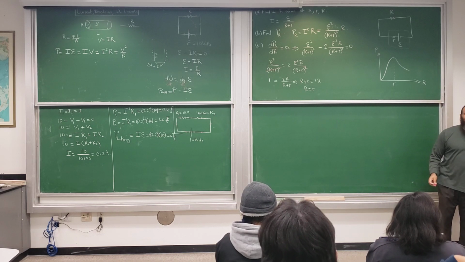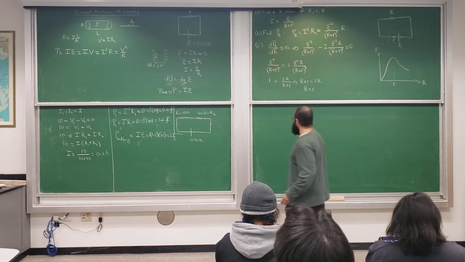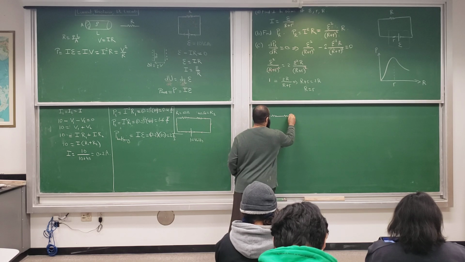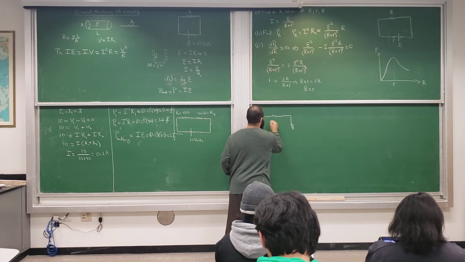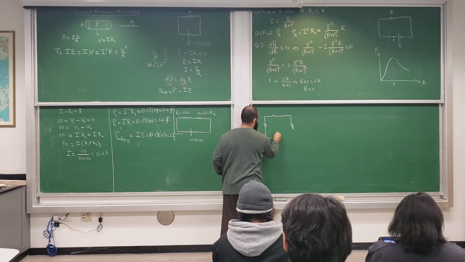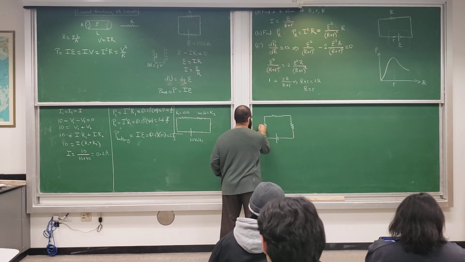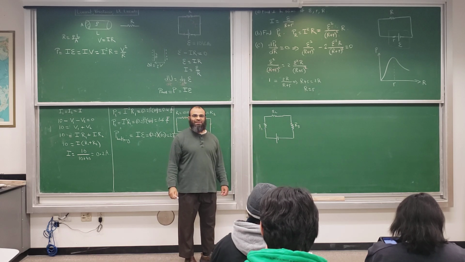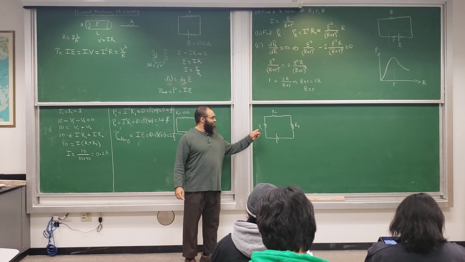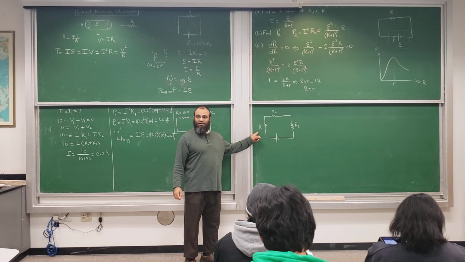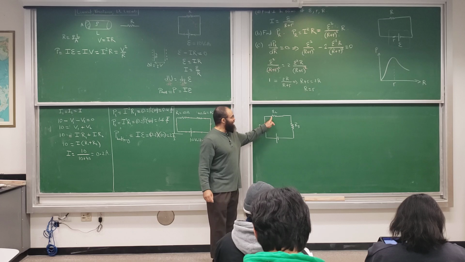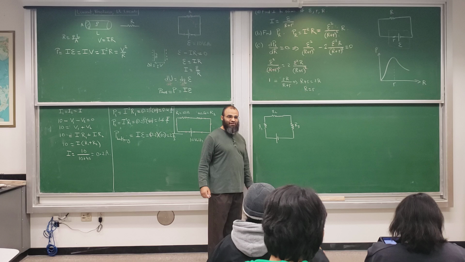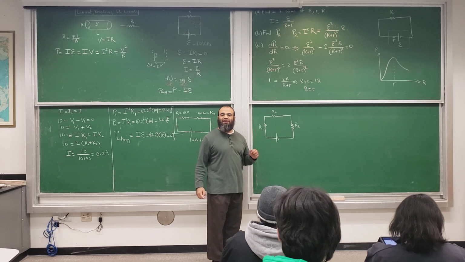Let me just draw it because I don't have much time. What kind of connection is this? Series. That's series, right? Is that clear? You don't have to draw them one next to the other on a straight line. As long as they're on the same branch, they're in series. Is that okay?